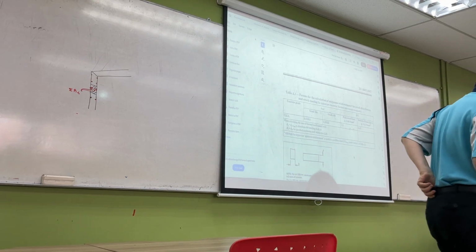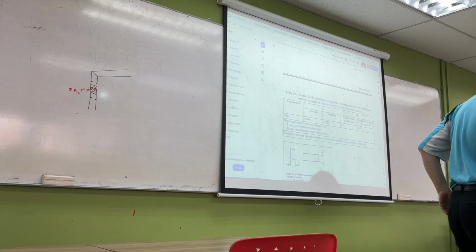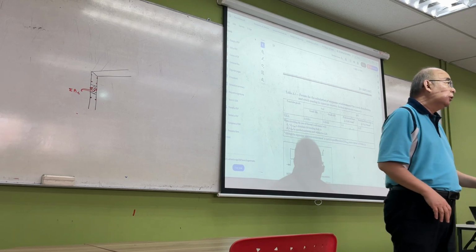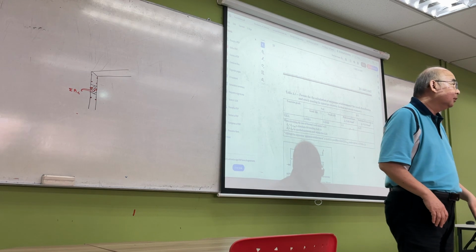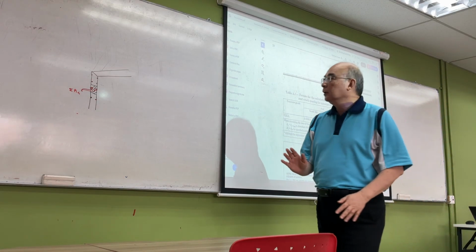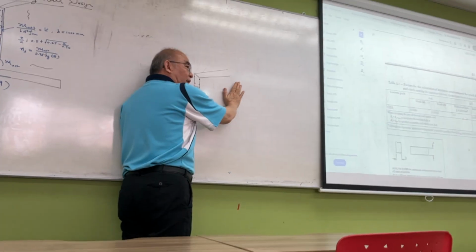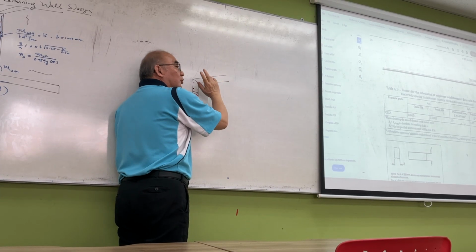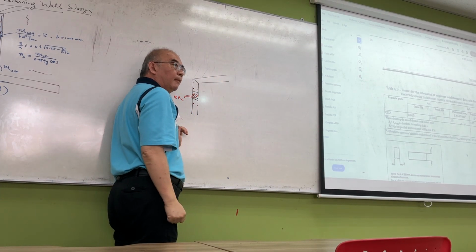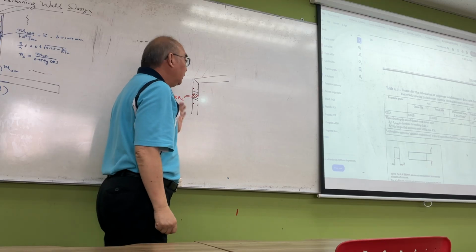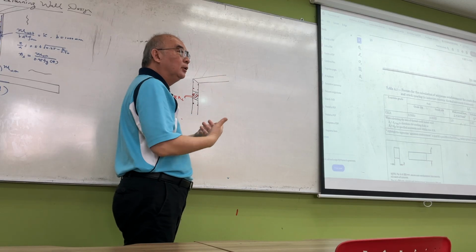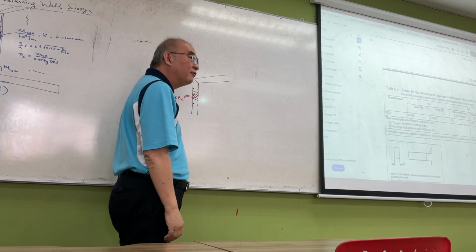Do I calculate the steel area in one direction, or do I need to calculate the total of both? For the normal case, this direction you need to have 0.5%, and this direction also 0.5%, so the total is 0.5%.